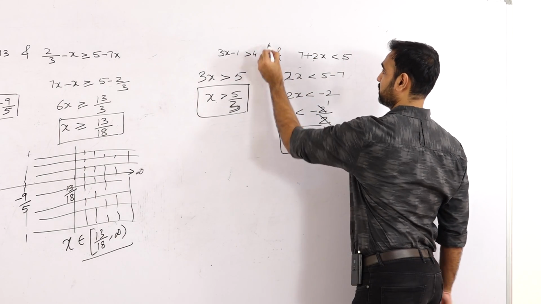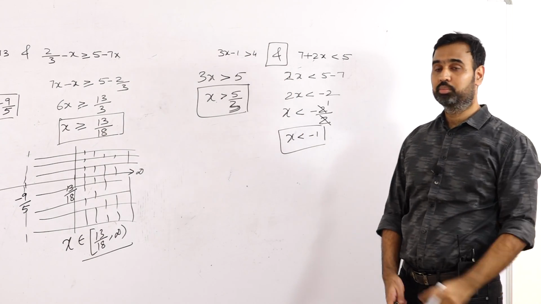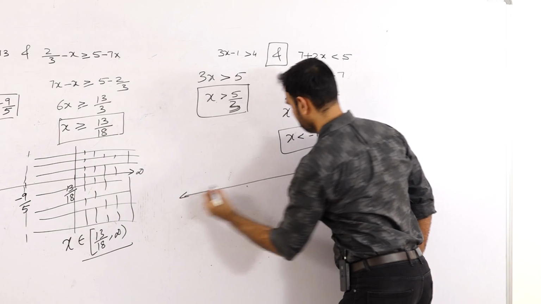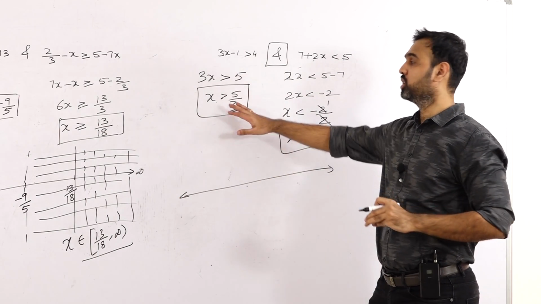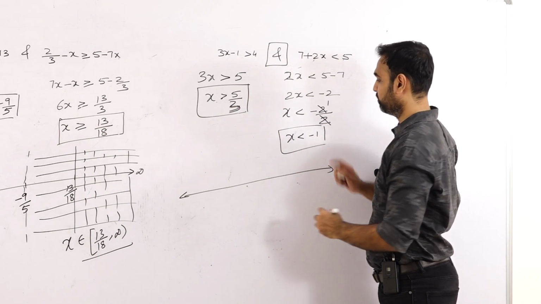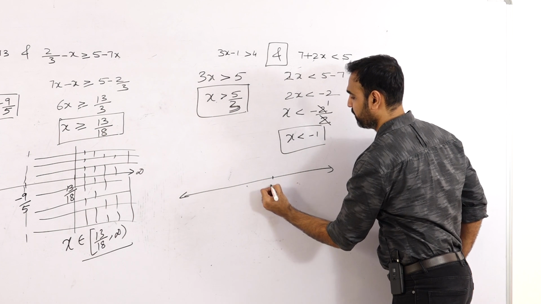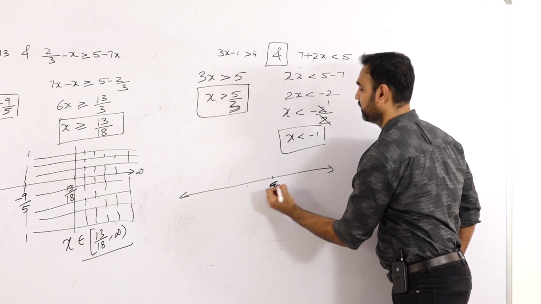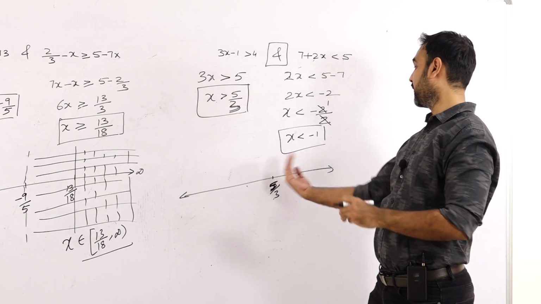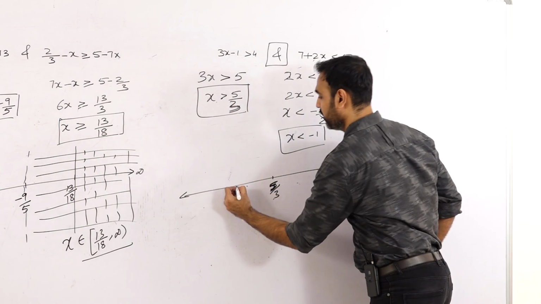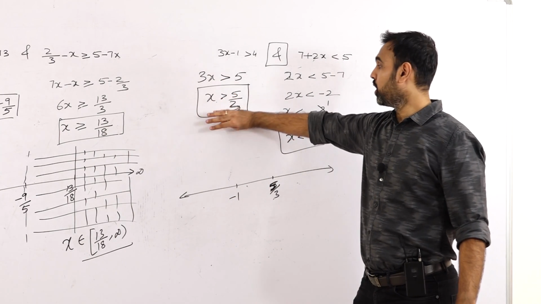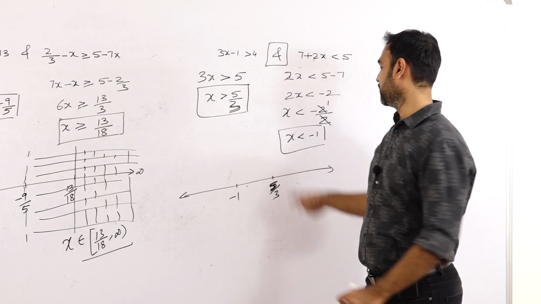Remember this particular symbol, and both the conditions must be satisfied, correct? So let us mark these 2 points on the number line. One is x greater than 5 by 3, so let me mark 5 by 3. 5 by 3 is a positive value, right? So it should be to the right of this. So minus 1 is here. Now let us draw the region described by x greater than 5 by 3.